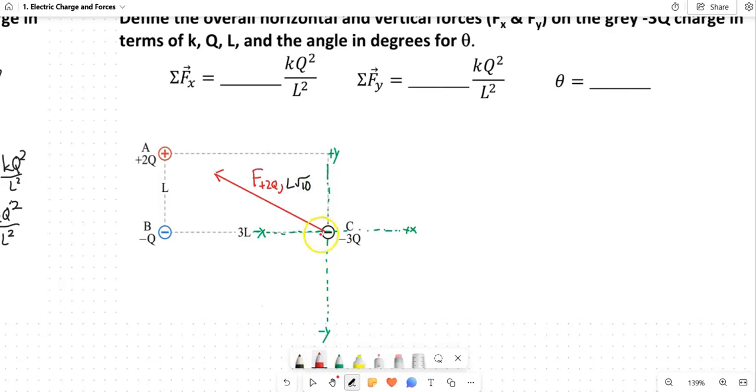So basically all of this is the same as it was before, right? So I'm going to just use my answers for that part. So positive 2q, L square root of 10, and we found out that this was 18.43. So this is going to be the cosine of 18.43.